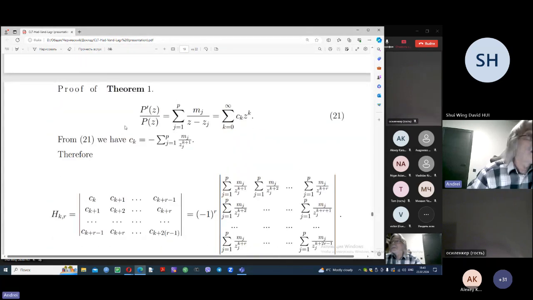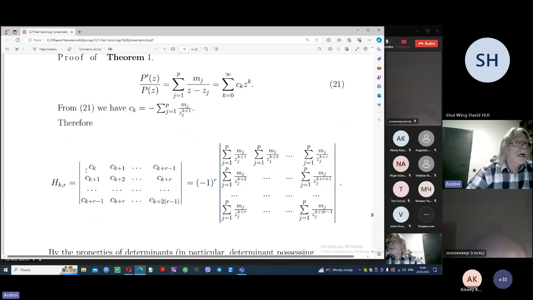So the first one is simply that one has to calculate the determinant explicitly, and that's it. If we take the expansion into the Taylor series of this ratio, then the corresponding terms here are equal to this one, and therefore we have to calculate the corresponding determinant. This is the Hadamard determinant.